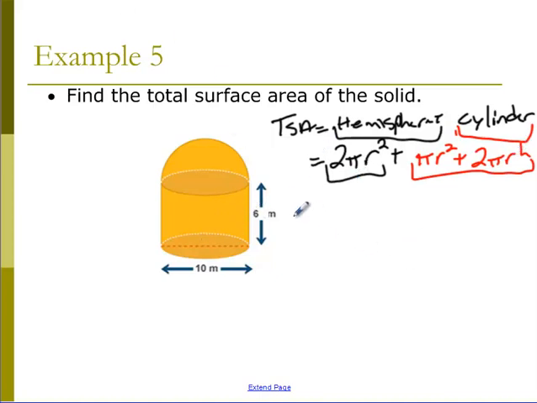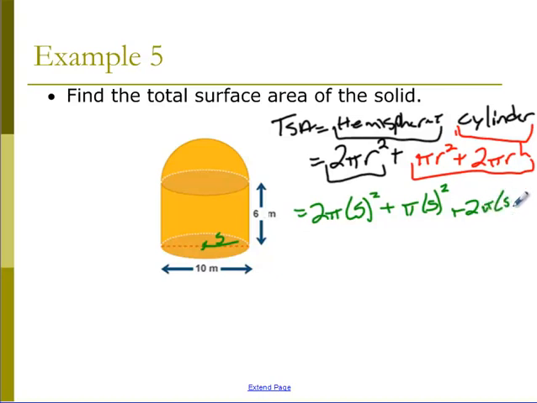Let's go ahead and plug everything in. We know r is 5 because the diameter is 10. 2 pi 5 squared, so that's for the hemisphere. The base of the cylinder, the one base, remember we're not doing the top base, plus 2 pi r, and then h is 6.